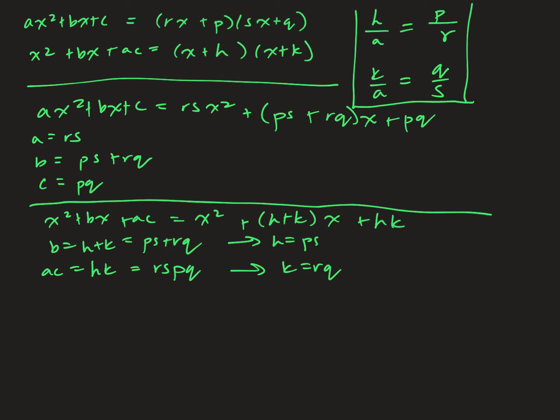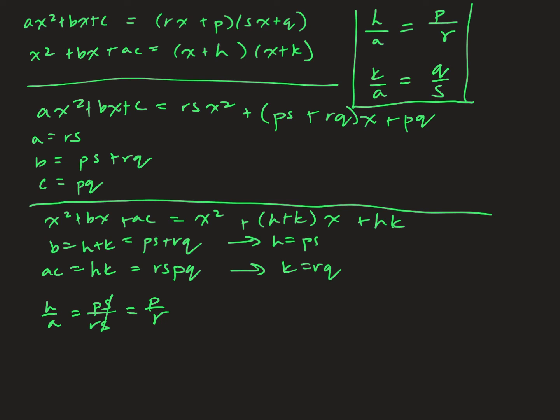Okay. So now that I've created these equivalencies, where H is equal to PS and K is equal to RQ, let's see if we can set up this proportion. So we have H over A. H is equal to PS, A is equal to RS, and because S is not 0, I can divide this out, and I have P over R. So this is our simplest form of that H term.